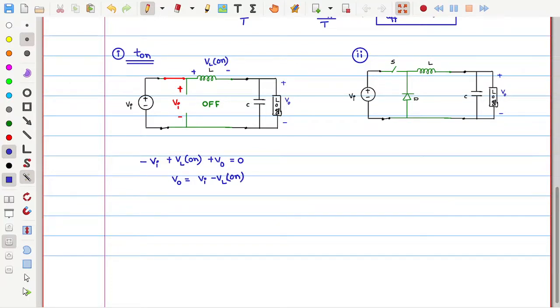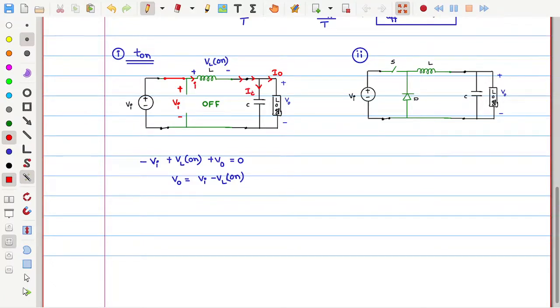One thing you can observe clearly: when the switch is on, try to see how the current is flowing through this. This is the current flowing through this system, and it is going to be split as IC and IL or I naught. This is I naught, the output current, and this is IC, the capacitor current.